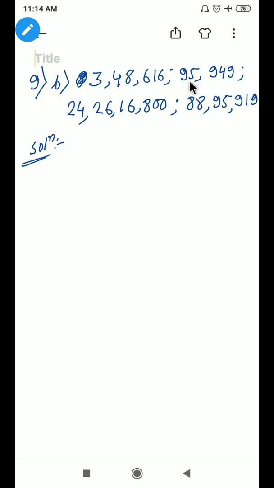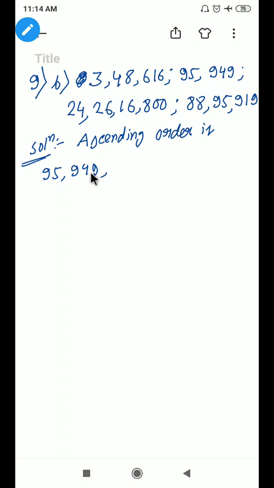Which one is the smaller number? In ascending order, firstly you have to write down the smaller number. Which one is smaller? That is 95,949.